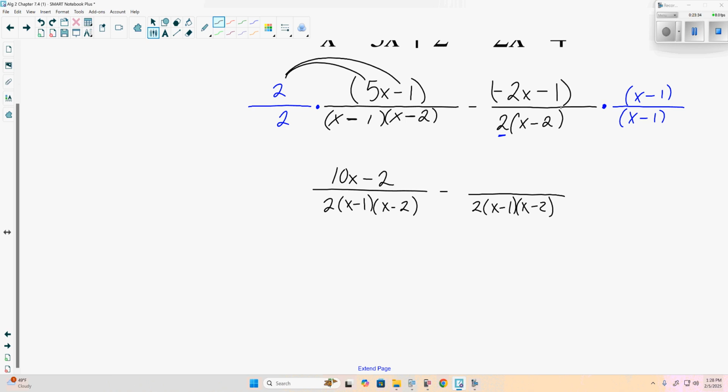Now on the other side, we do have 2 binomials, two terms. We're going to have to multiply this out. We'll have negative 2x times x, which is going to be negative 2x squared. Then we'll have negative 2x times negative 1, which is going to be plus 2x. Then we're going to have negative 1 times x, which is negative x.